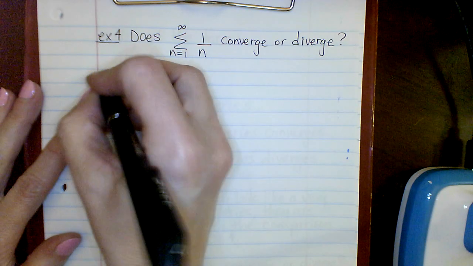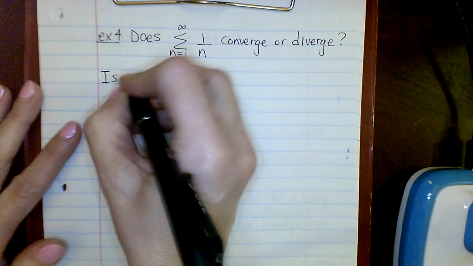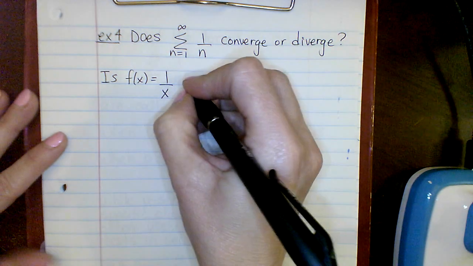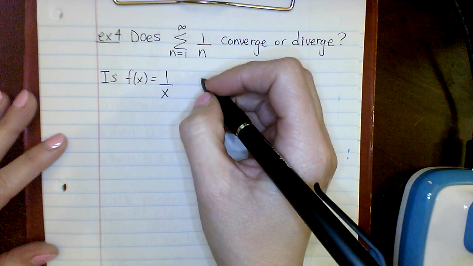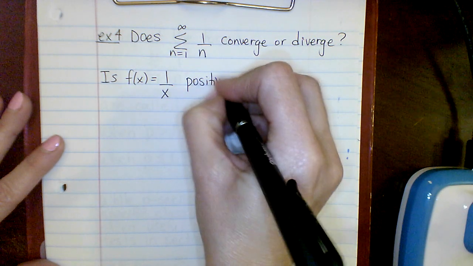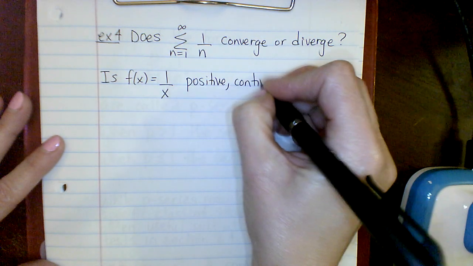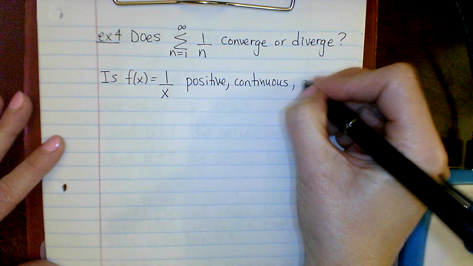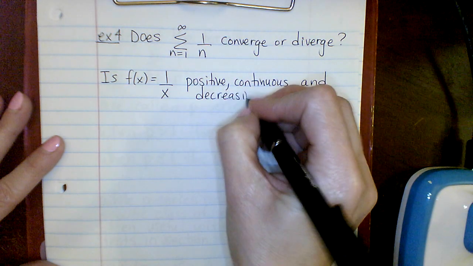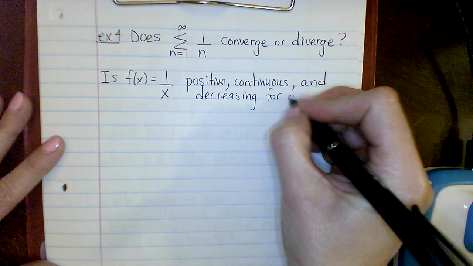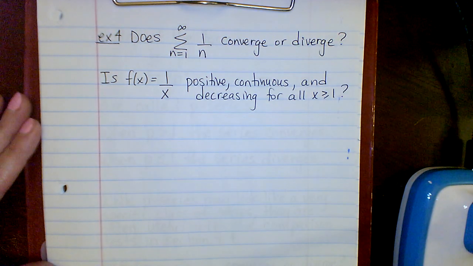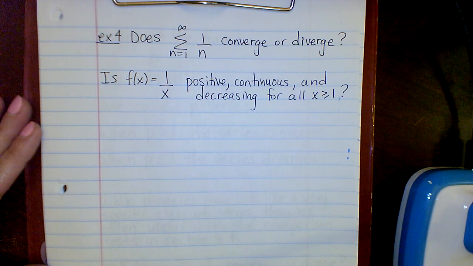Let's just look at, is this function of 1 over x positive, continuous, and decreasing everywhere bigger than 1, for all x bigger than or equal to 1?